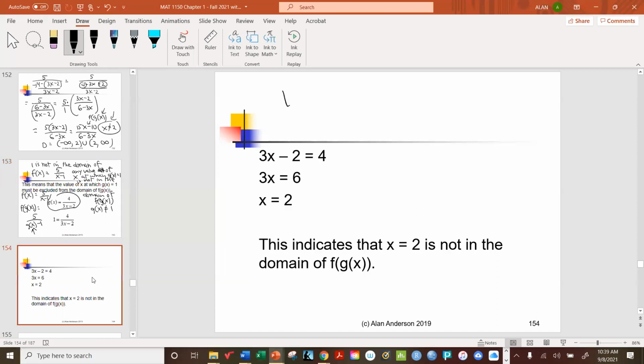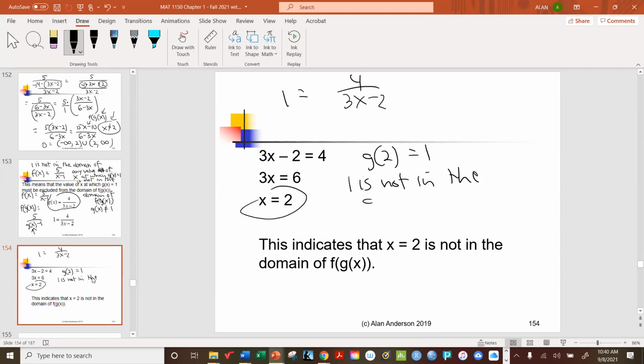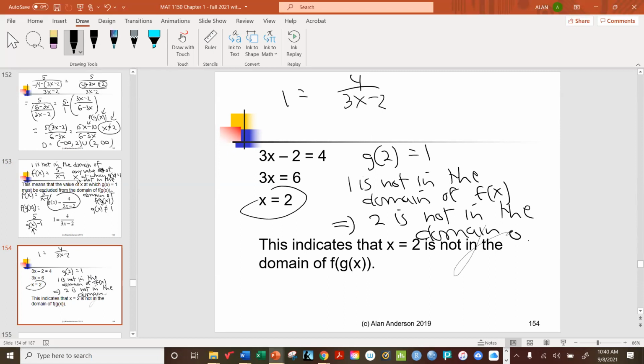Remember, we started out with 1 equals 4 over 3x minus 2. Cross multiply to get this. And what we discovered is that g of 2 equals 1, which is not allowed. So therefore, 1 is not in the domain of f of x, which implies that 2 is not in the domain of f of g of x.